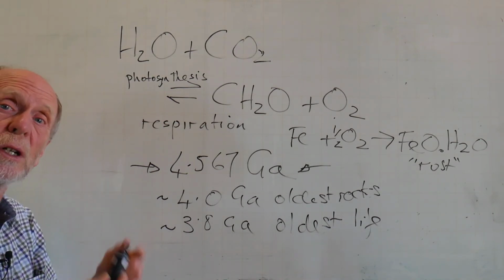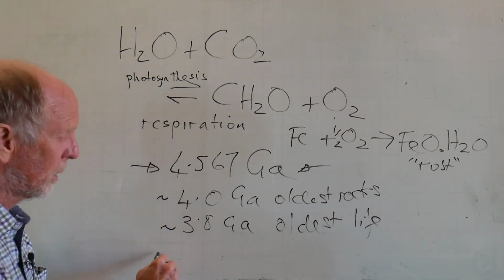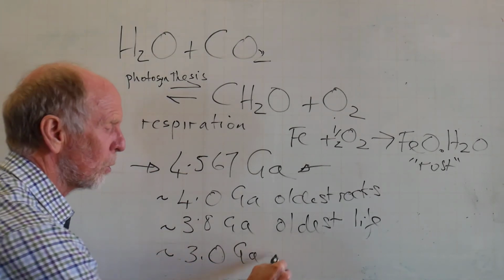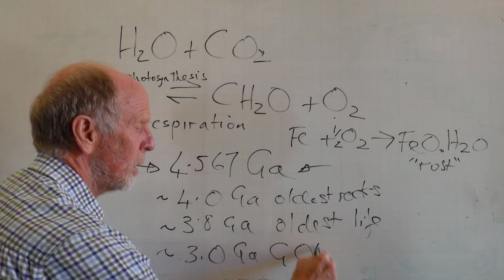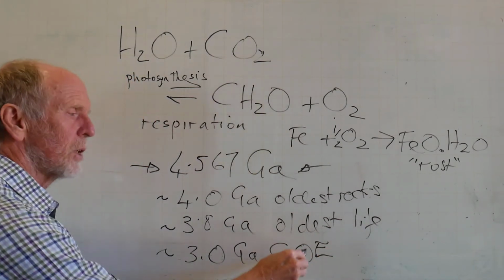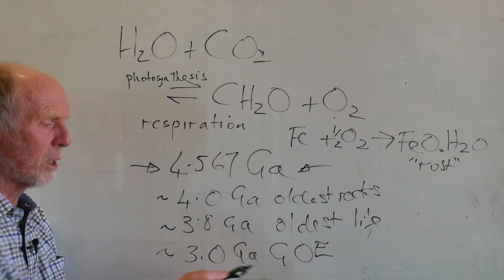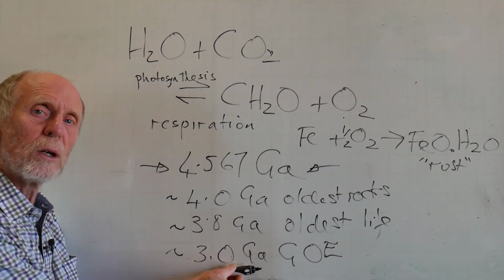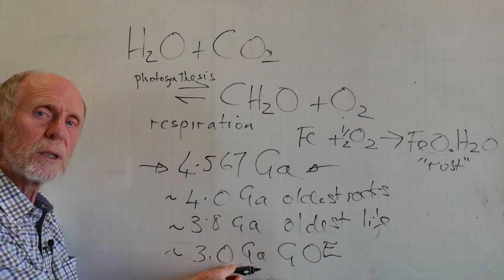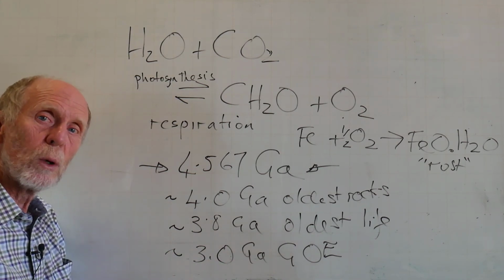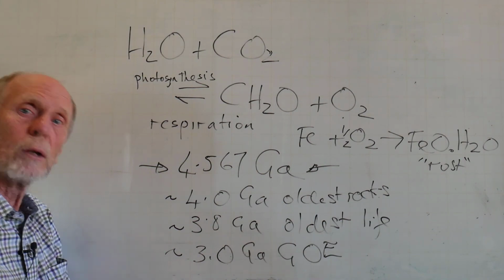When did you first start seeing free oxygen appear in the Earth? Let's say it's of the order of 3 billion years, more or less. So the GOE, Great Oxidation Event. It wasn't in a day, it was over a long time. But this marked the period of time when free oxygen started appearing in the Earth's atmosphere. The Earth's atmosphere now is nowhere near what it was when we first started the Earth. It looked very different.